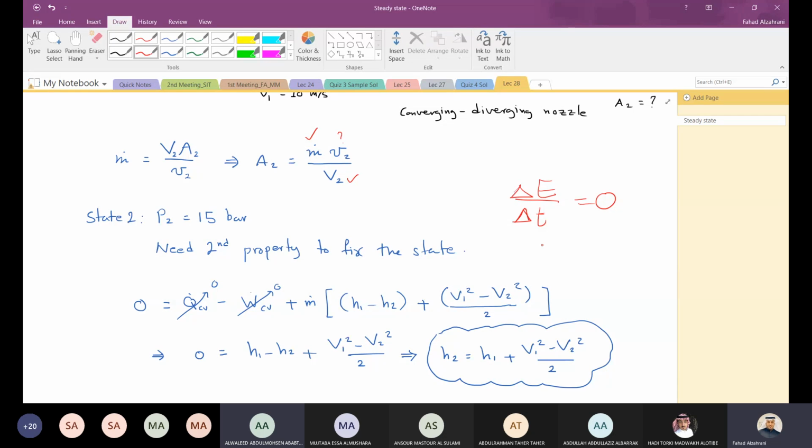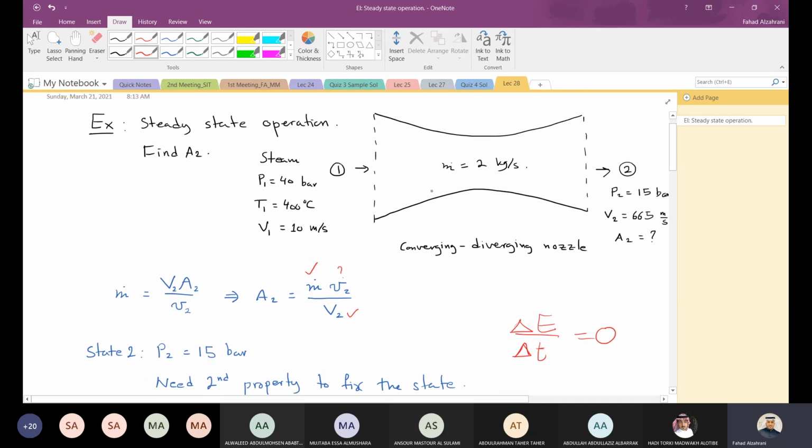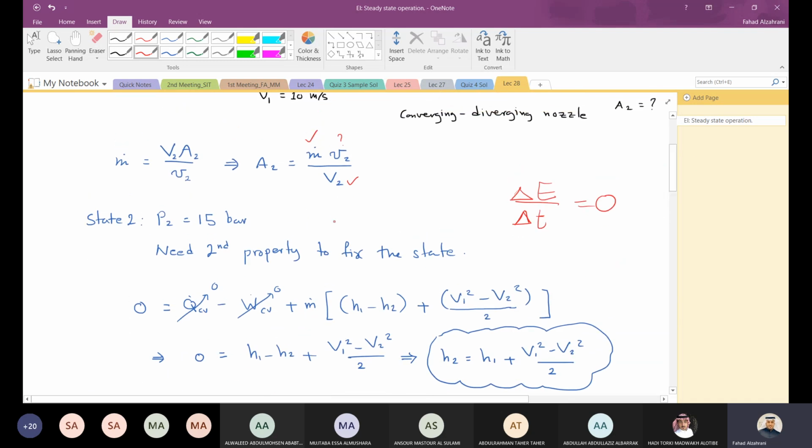طيب وش كانت ال continuation ولا خلاص يعني؟ لا، صراحة ما حفظت المعادلة. فبالتالي هنا شوف, this is the first law, this is steady state, you have Q minus W. الحين لما تجي تطالع في ال converging diverging, we can neglect heat transfer and there is no work, we don't see any work done here, so we can say this is 0.